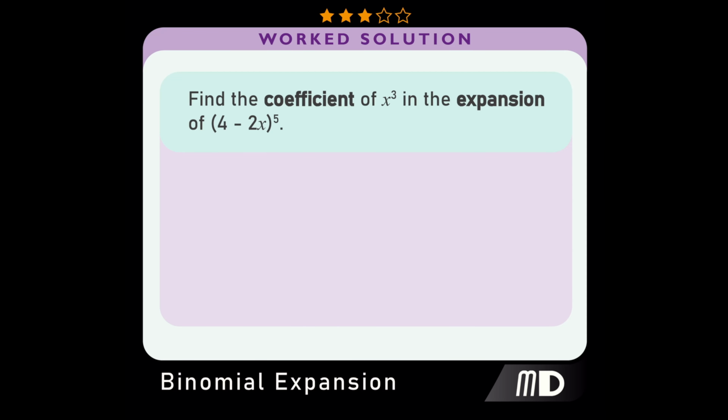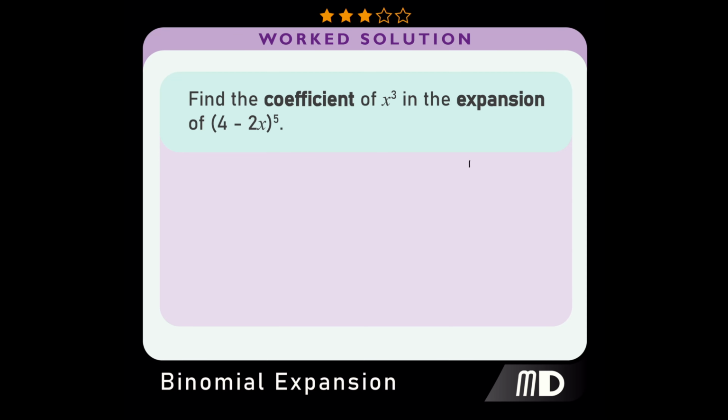For the binomial expansion of (4 minus 2x) to the power of 5, we need to find the fifth row of Pascal's triangle. So let's begin with 1.